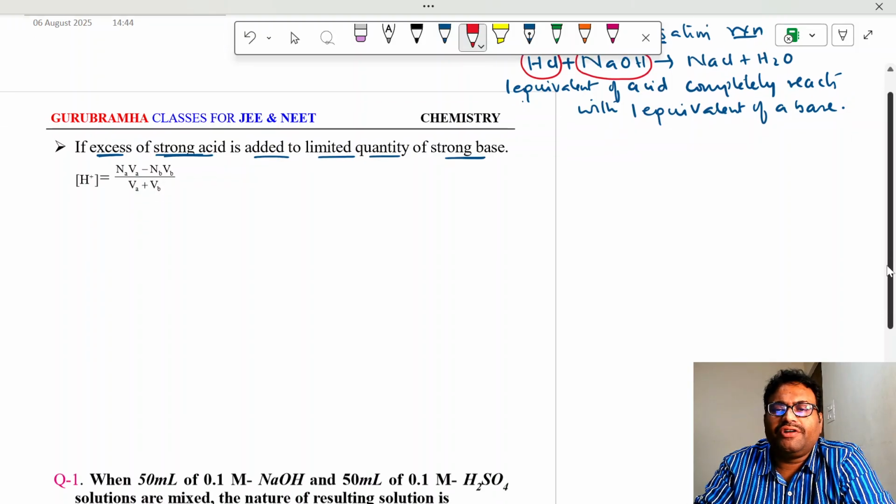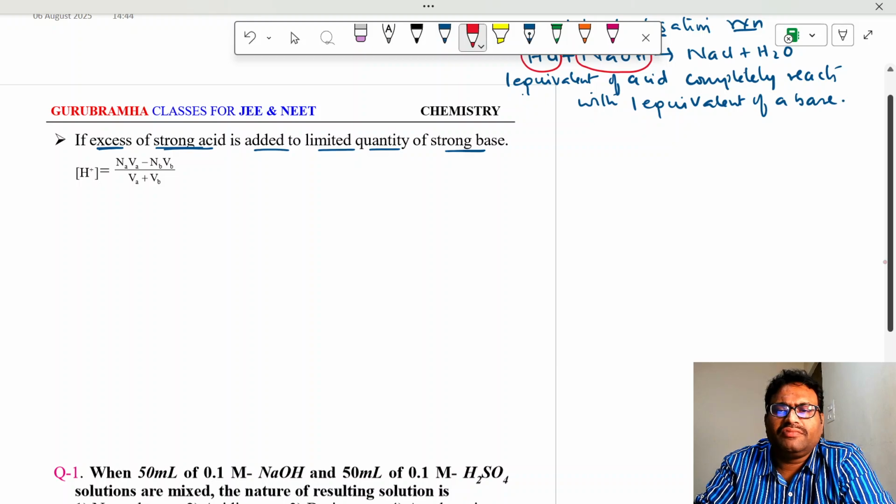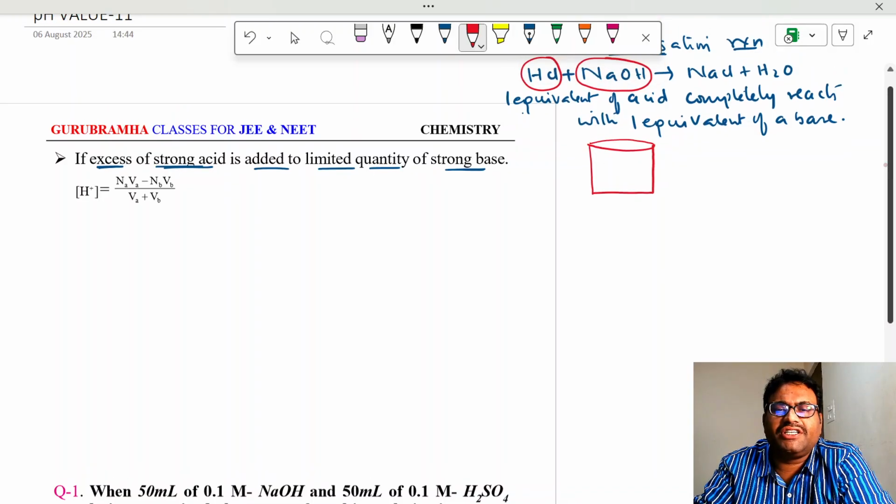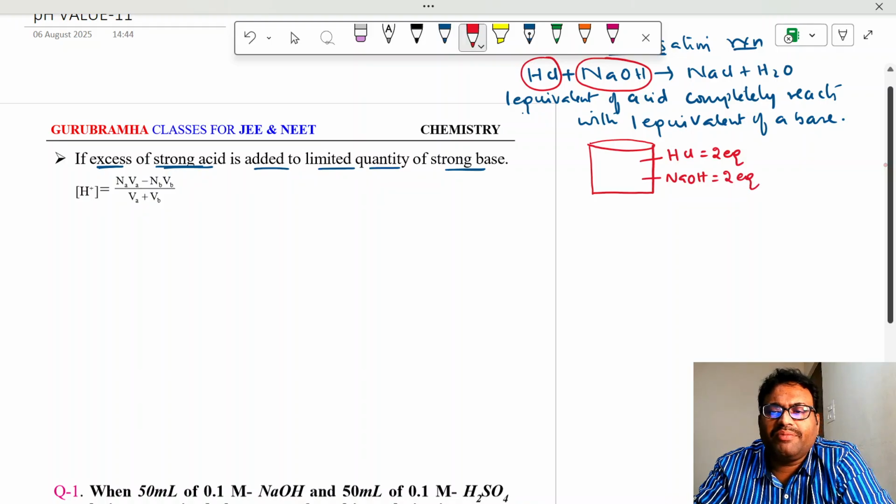Now, for example, in this solution, we have mixed acid and base. What acid and base have we mixed? One is HCl, another is NaOH. If HCl present is two equivalents and NaOH present is two equivalents, what will be the nature of the solution?